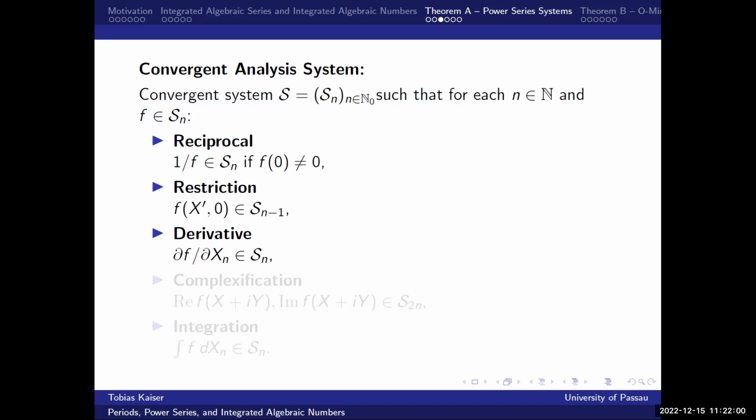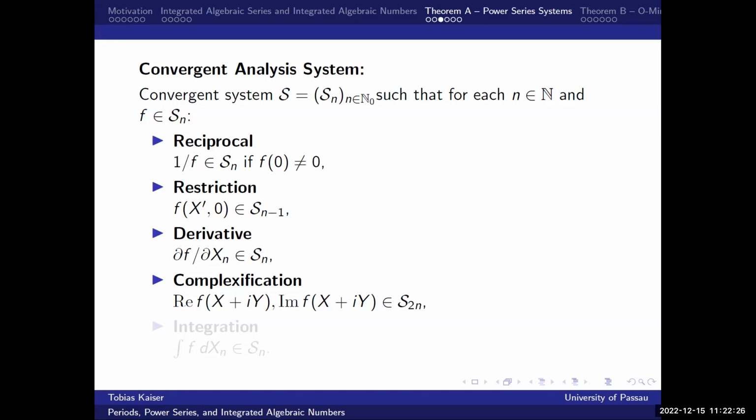And now we need some complexification. So what do I mean by this? A convergent real power series is of course also a convergent complex power series. So it does not only converge on a neighborhood of 0 in R^n, but also in C^n.